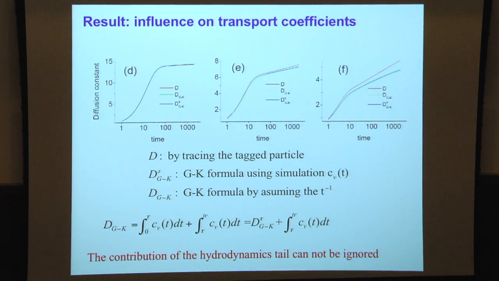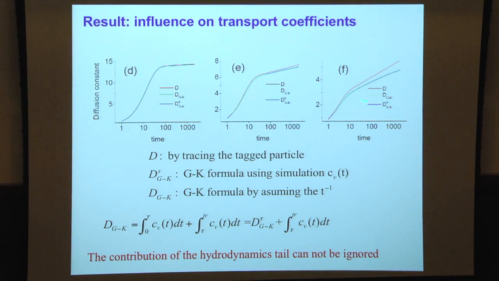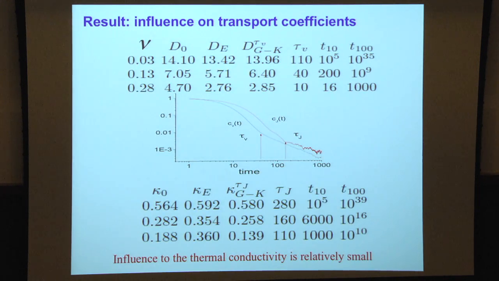In this case, at macroscopic size, the contribution already becomes dominant in the diffusion constant. Even with the small system size we applied for numerical simulations, you find that the contribution becomes dominant. So the hydrodynamic tails usually cannot be ignored in these two-dimensional systems.